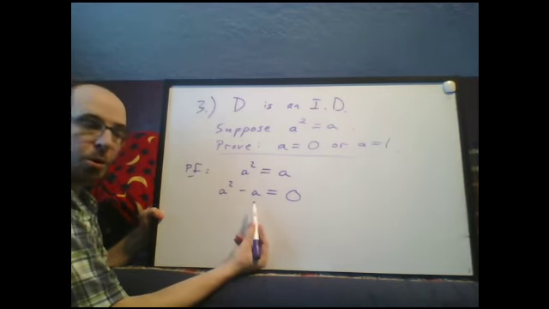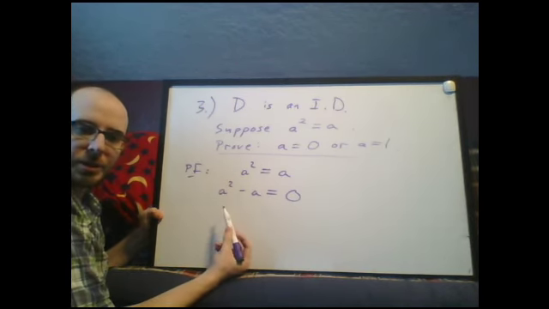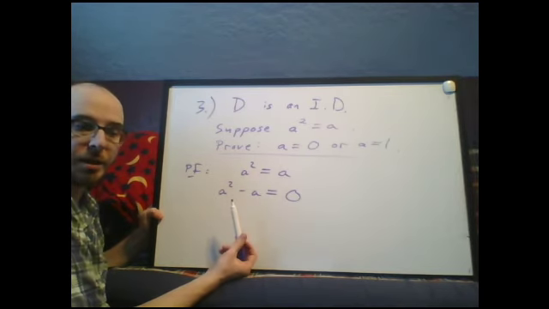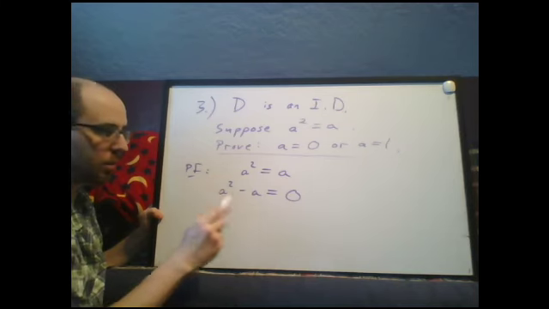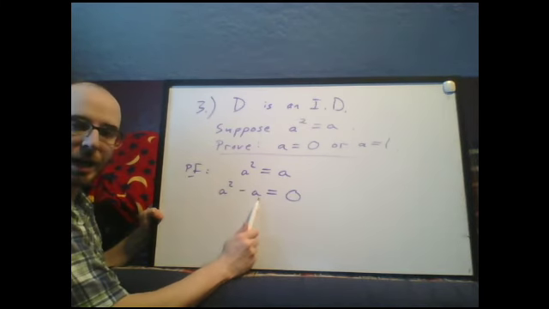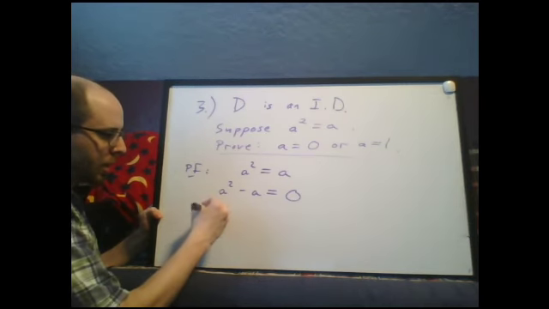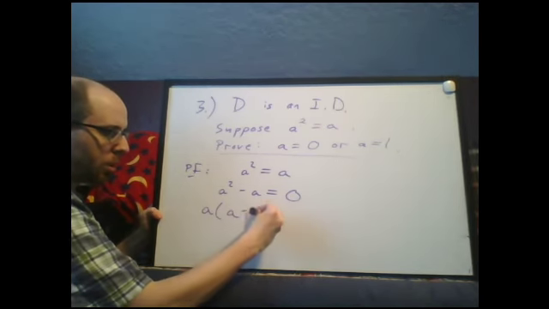And then I can always factor out common factors, because I have the distributive property. As long as we have a unity element, a 1, if I have a here, I can pull out an a and that leaves me with a 1. So I can factor out an a, leaving me with a minus 1.